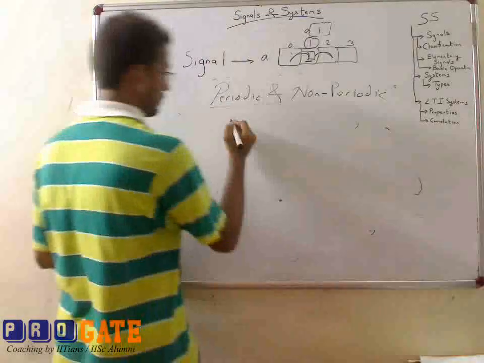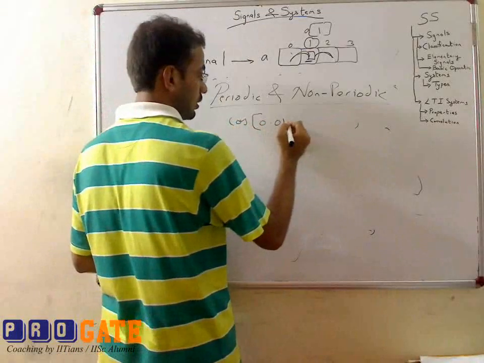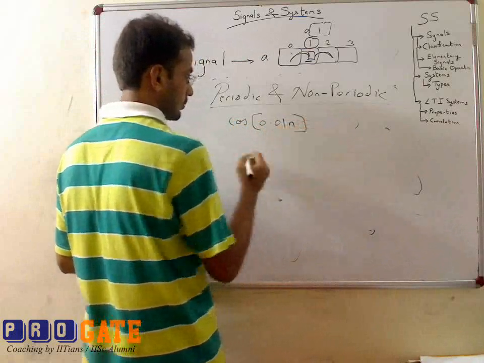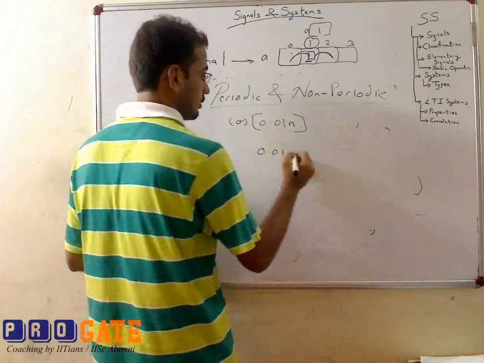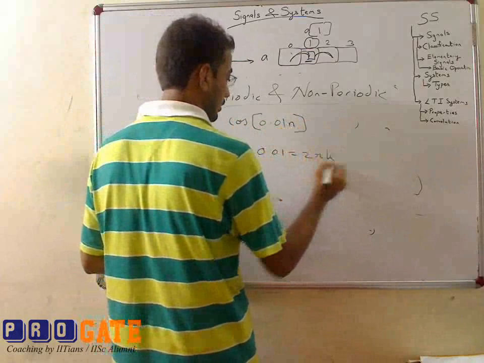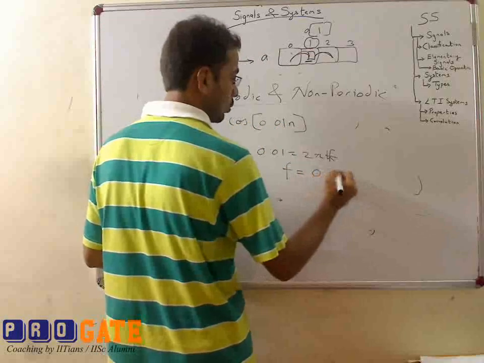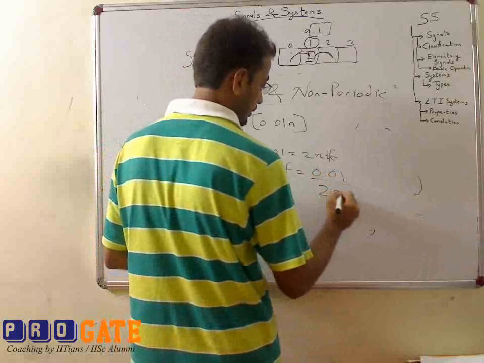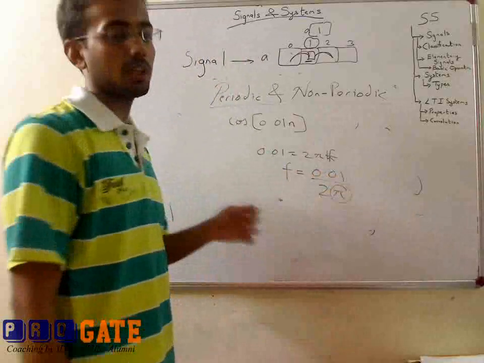Now taking another example, cos of 0.01 n. Now again comparing 0.01 with 2 pi f, f is 0.01 upon 2 pi. Now we know pi goes 3.14.